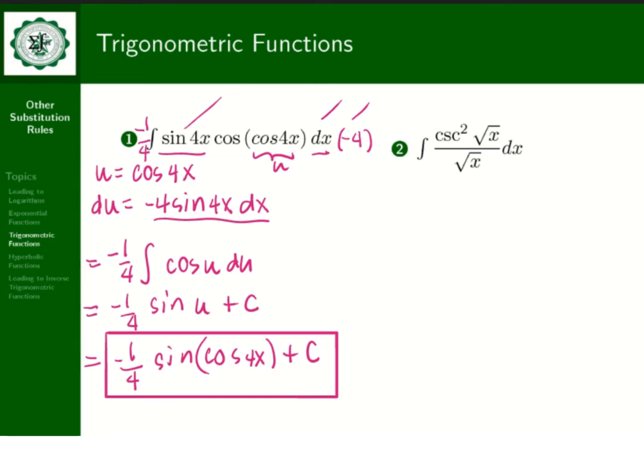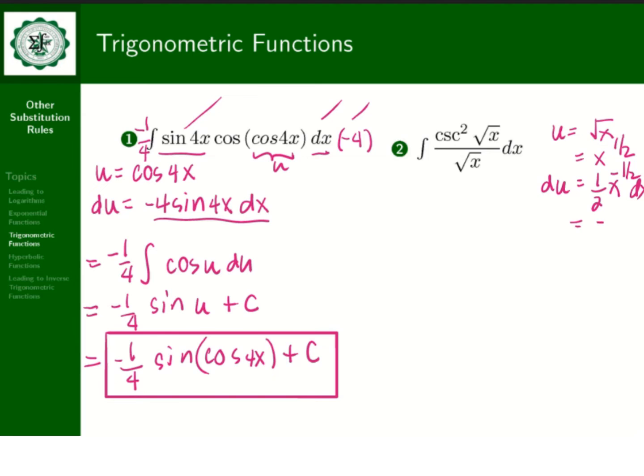For the next example, we have integral of cosecant squared of square root of x over square root of x dx. So here, our angle is square root of x, which is the same as x raised to 1/2. Therefore, du is equal to 1/2 x raised to negative 1/2 dx.